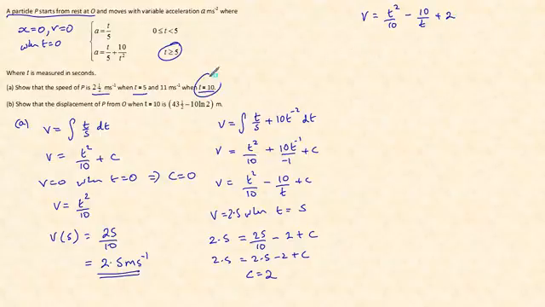And we're after v of 10. So that's going to be 100 over 10, take away 10 over 10, add 2, which is 10, take away 1, add 2, is 11 meters per second, as required.